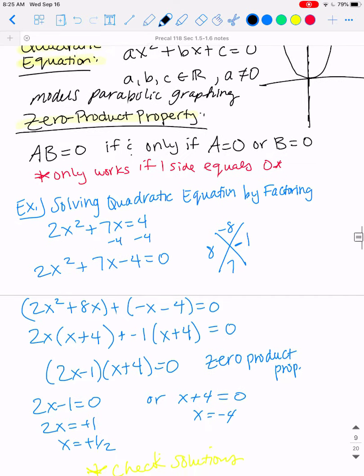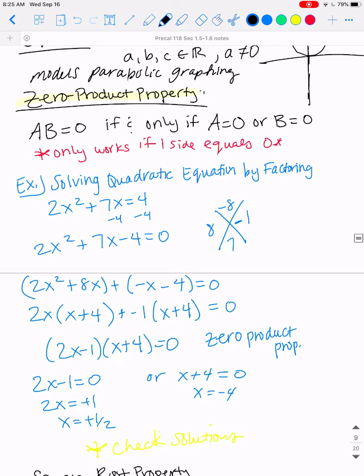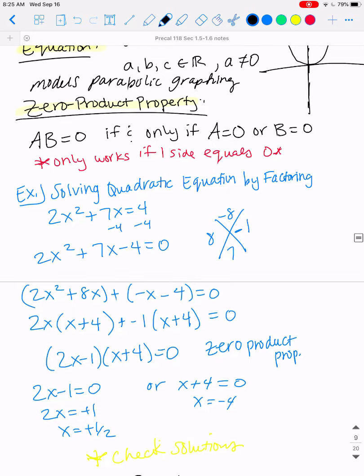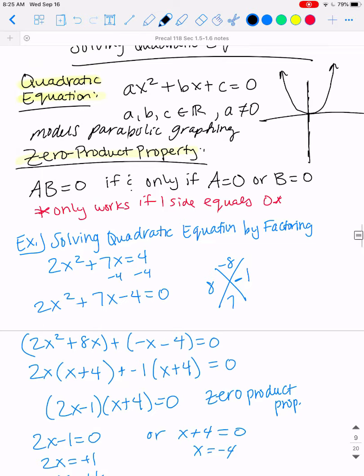Our zero product property is kind of what we've been doing already, but this states that a times b equals 0 if and only if a equals 0 or b equals 0. So that's like when we have equations like x minus 6 times x plus 2 equals 0.